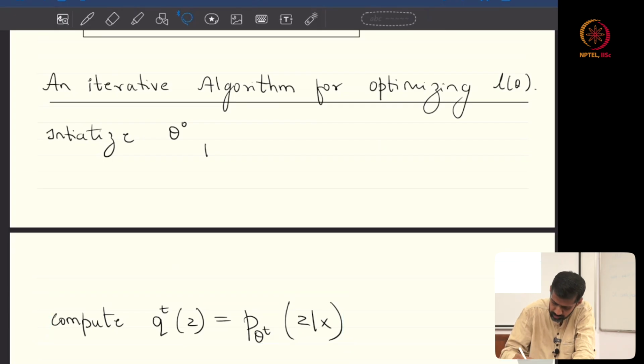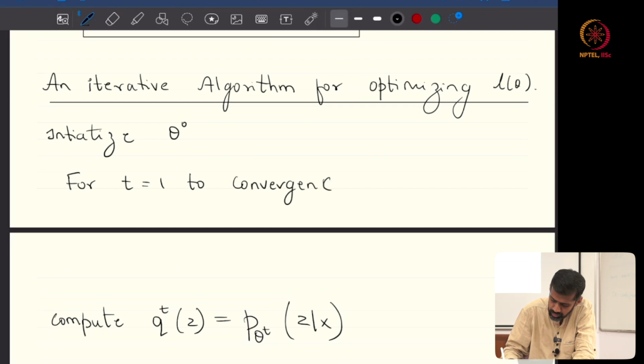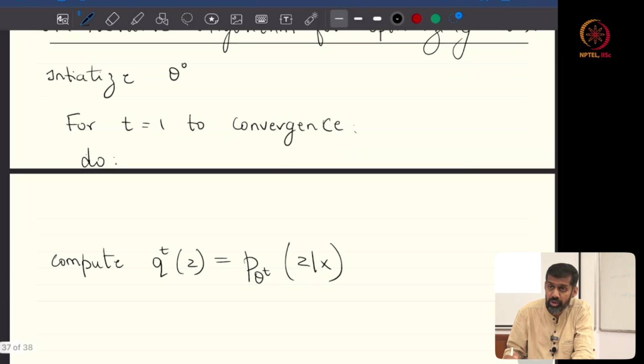For t equal to 1 to convergence, do: compute q t to be equal to p theta t of z given x, right?